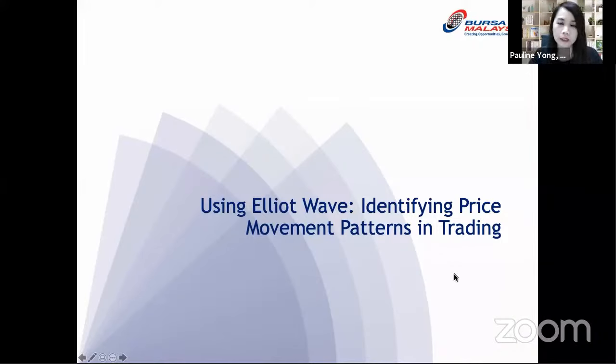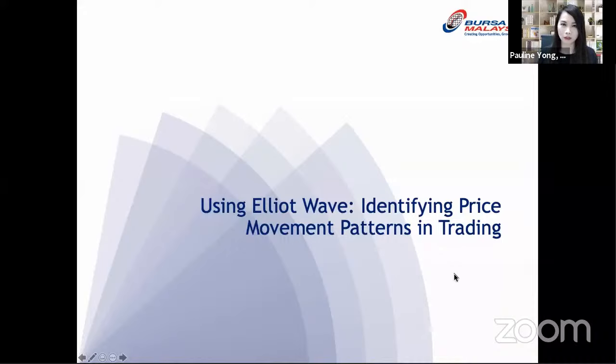Elliott Wave Theory is something that a lot of people find very difficult to understand. In fact, if you look at Elliott Wave, it's talking about the price patterns of stock prices. If you believe in technical analysis, you have to believe that price behaves in a natural way.